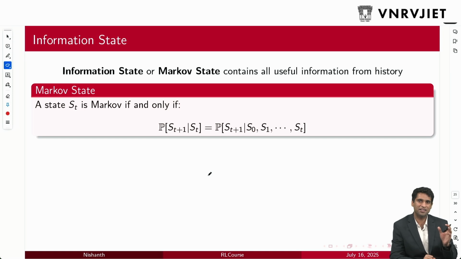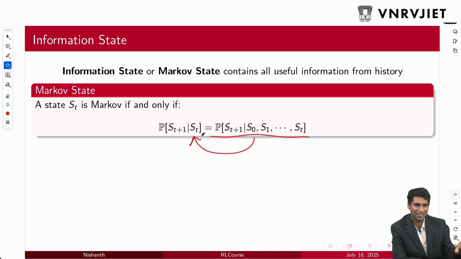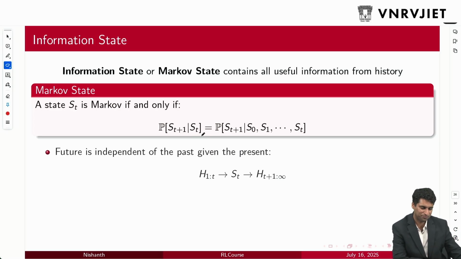And we can define it as a Markov state only if, let us say, we are trying to define a probability distribution which says what is the probability that we go to state S(t+1), given that the entire sequence is S0, S1, and so on until St. If we are trying to model this probability distribution, and if this can be replaced by one where the probability of the next state only depends on the current state St, and we can ignore the entire history, then it's called a Markov state.